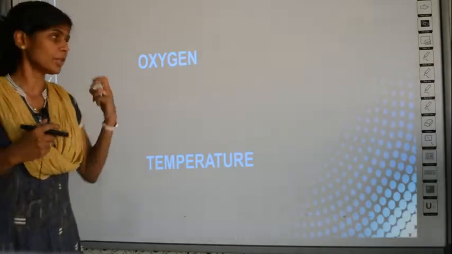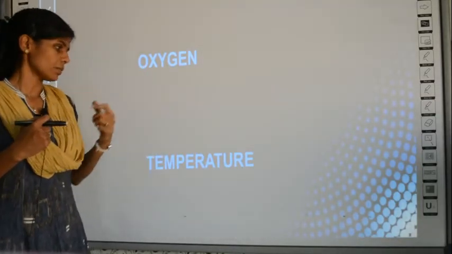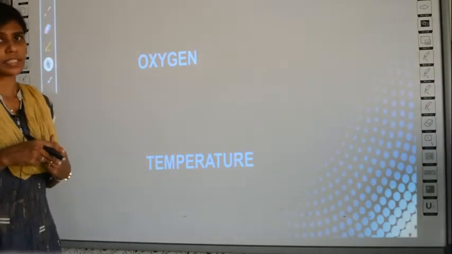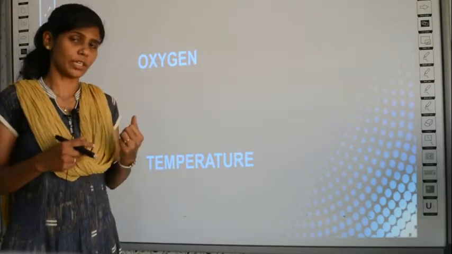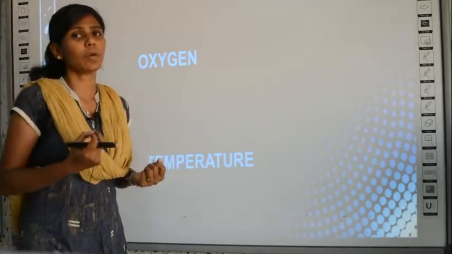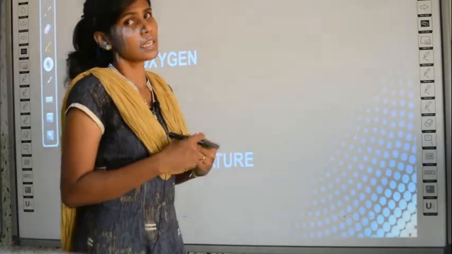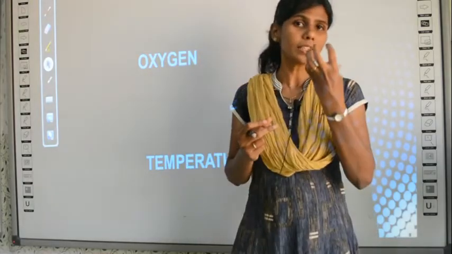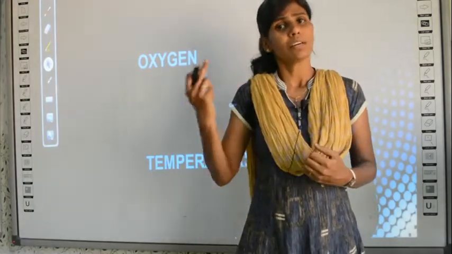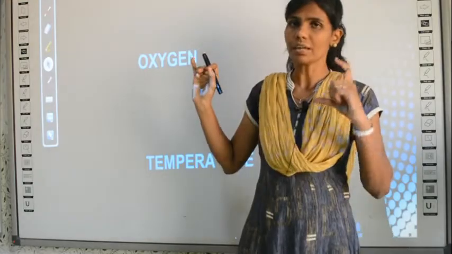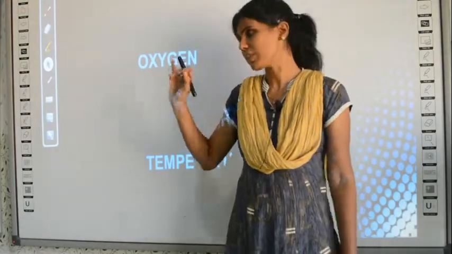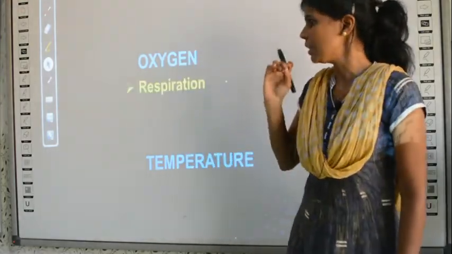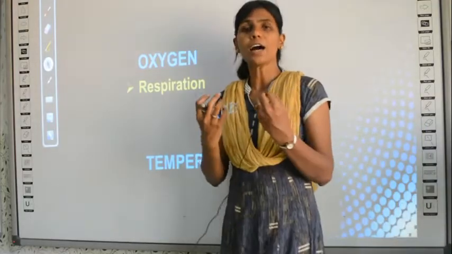Apart from water, the plants also need oxygen as well as temperature for germination. Why oxygen? There is a process in every plant called respiration. Similarly, in the seed also, the respiration process will happen. Younger plants also will undergo the process of respiration. What is this respiration? Respiration is the breakdown of food.